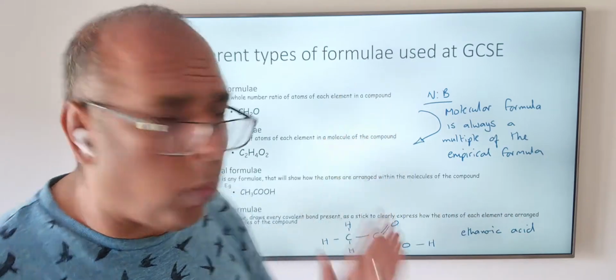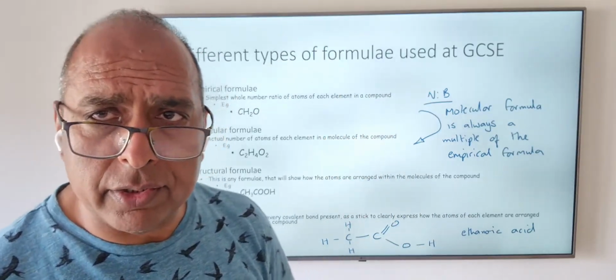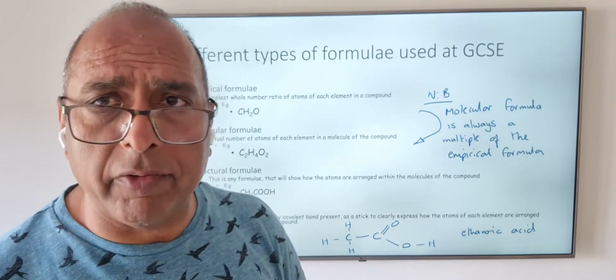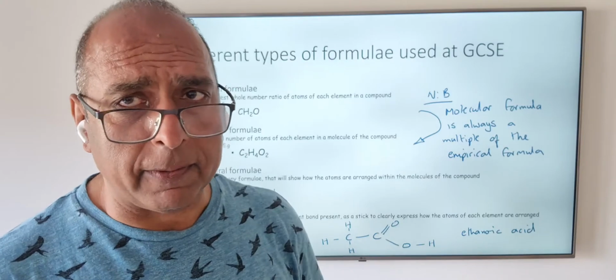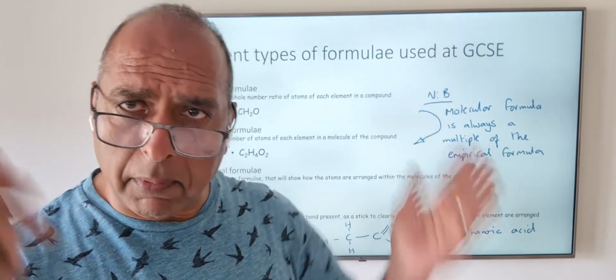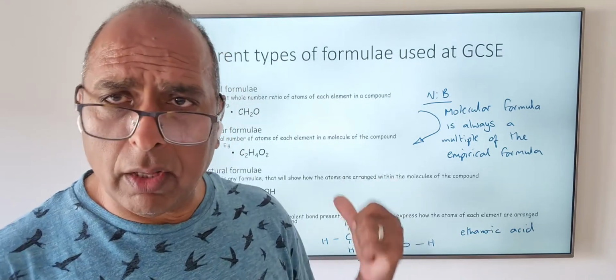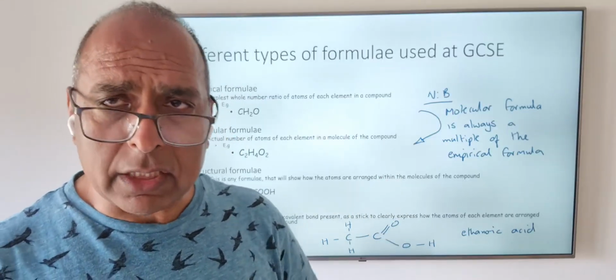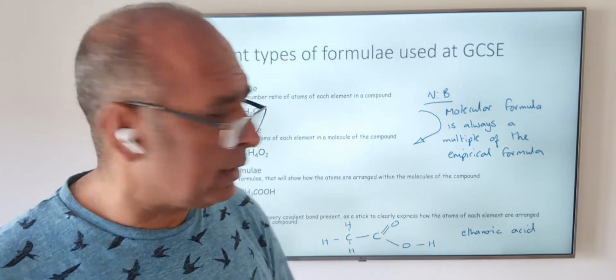So for every 1 carbon, there'll be double the number of hydrogens, and the same number of oxygens as carbons. Empirical formula, quite simple. They're just the simplest whole number ratio. And that's what a lot of these calculations ask for. They ask you to calculate the empirical formula. And that's what we're trying to calculate.